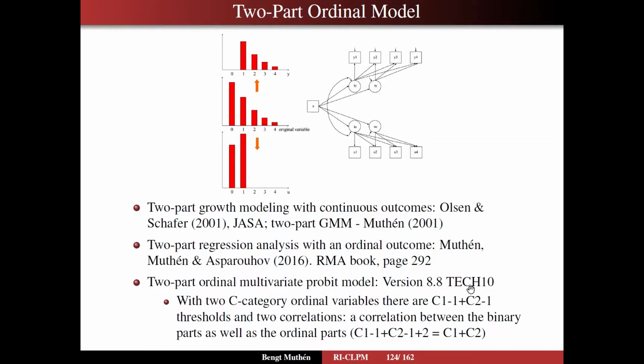And Tech 10 has then been adjusted to be correct for the 2-part feature. So with 2 C-category ordinal variables, there are C1 minus 1 plus C2 minus 1 thresholds and 2 correlations: a correlation between the binary parts as well as the ordinal parts. So if you add that up, it becomes C1 plus C2.